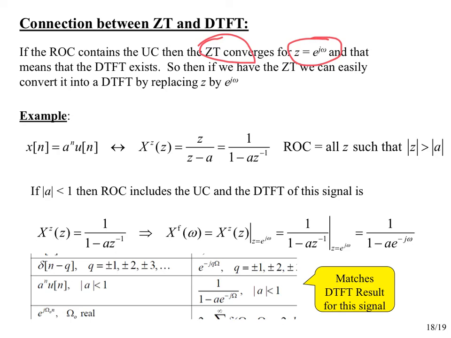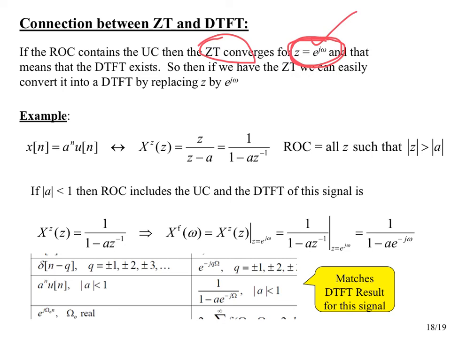Well, notice that this replacement lies on the unit circle. So in order for that DTFT result to actually exist, Z's of this form must fall in the region of convergence. So what that says is, in order for us to go from Z transform to DTFT, the region of convergence must include the unit circle.